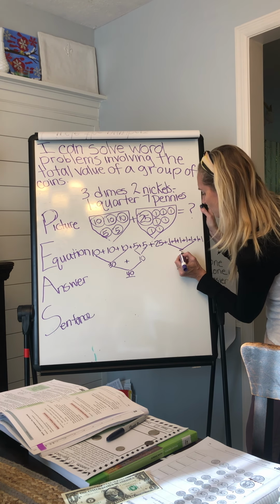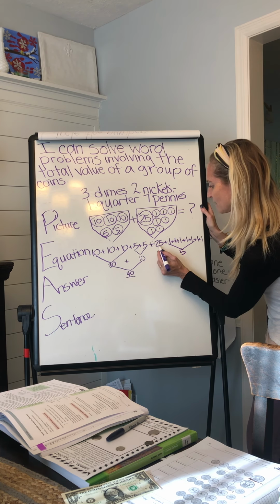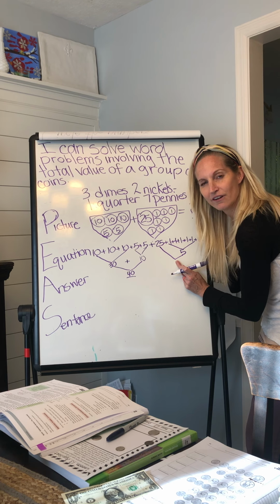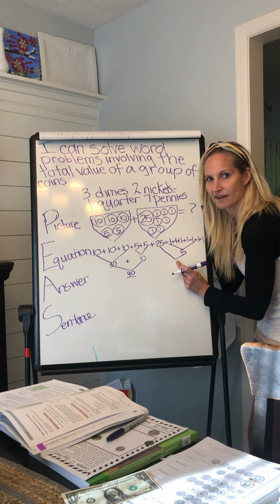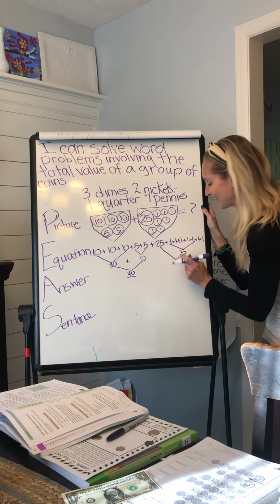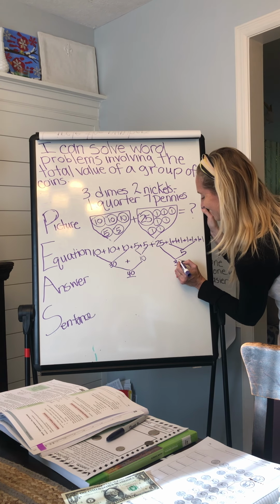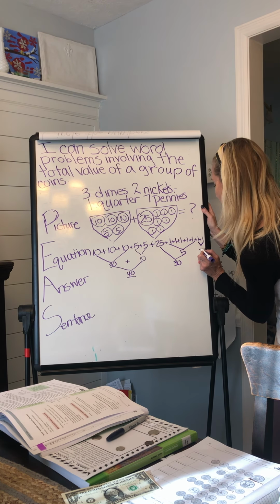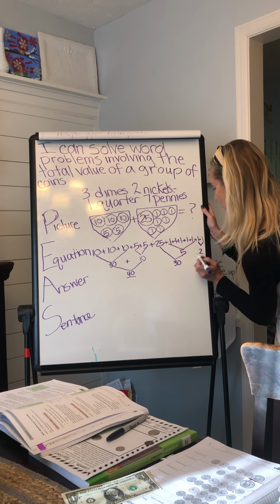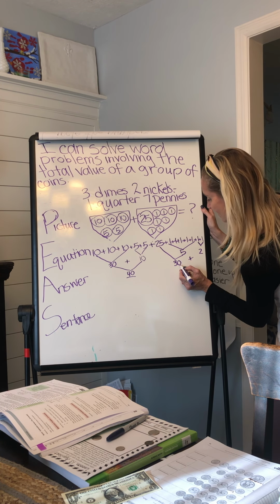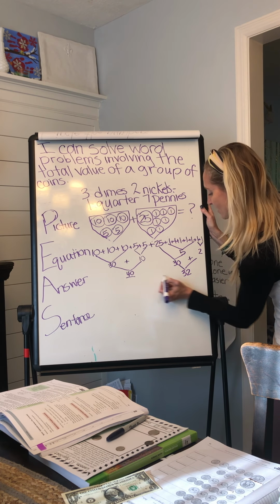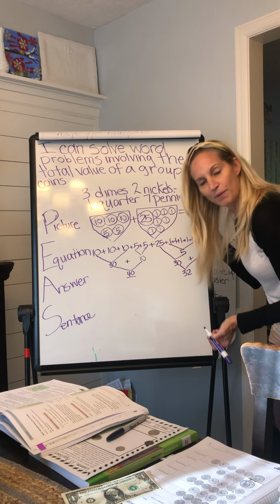So I think what I'm going to do is make this 25 plus 5 gives me what? 30. It does. 30. And then I just have these 2 cents left over, plus 2. And 30 plus 2 is 32.